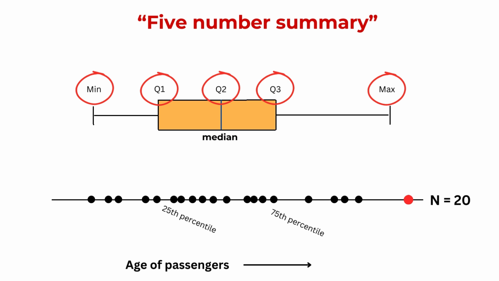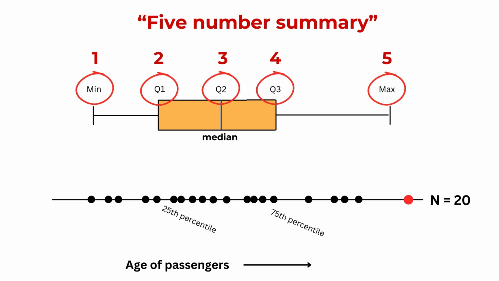Now these 5 numbers include the minimum data point that we have in our distribution, the first quartile, which is the 25th percentile data point, the second quartile, which is the median, the third quartile, which is the 75th percentile data point, and the maximum data point in our distribution. These 5 values are used to summarize our distribution, and hence the name 5-number summary.